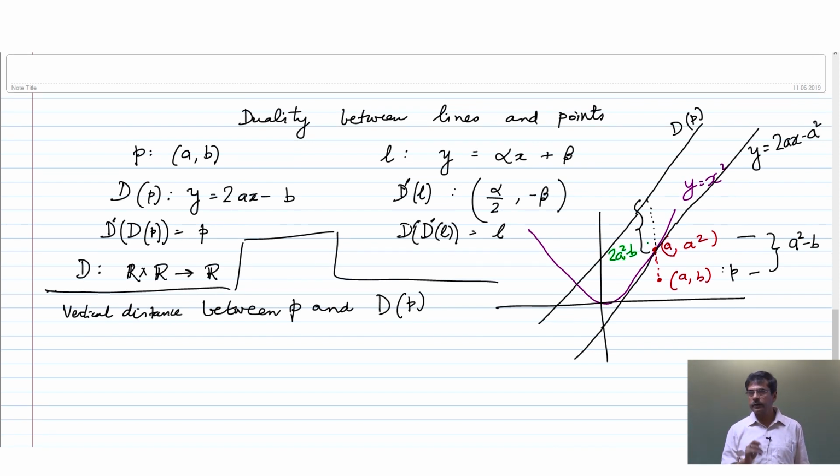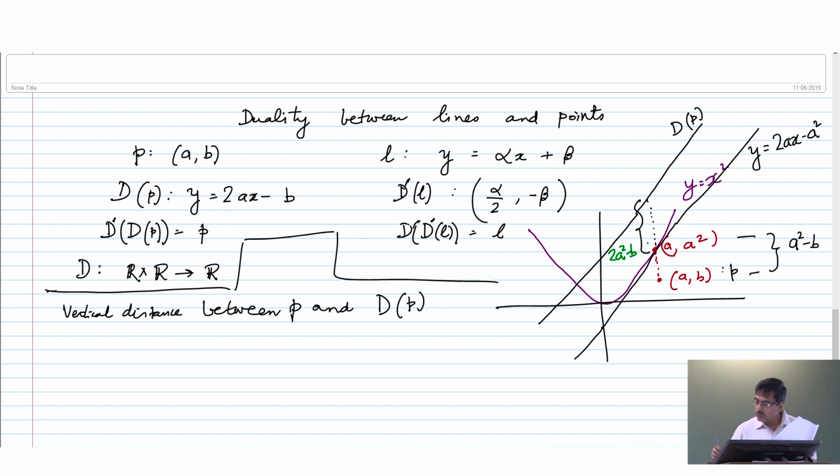So, that is the geometric interpretation of this transformation. If you take a different parabola, this property may not hold, but we can take a different parabola also and define the transform in that way. For our purposes, it won't matter, but the unit parabola basically becomes easy for us to handle. Any questions?